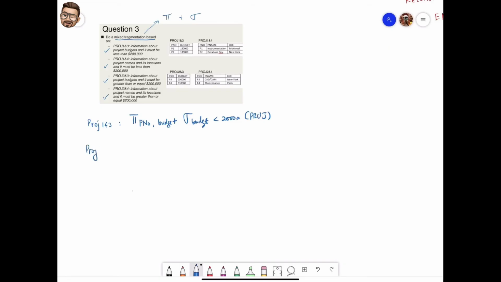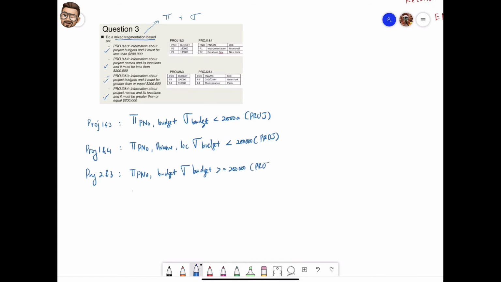Then the second one, project 1 and 4. Information about project names and its location. Just now we have P number, P name, and location. And what do you select? Budget less than 200k from which relation? Project. Okay, so this is for the second one. And for the third one, project 2 and 3, information about project budgets, P number and budget, and you need to select budget greater than or equal to 200k from table project.